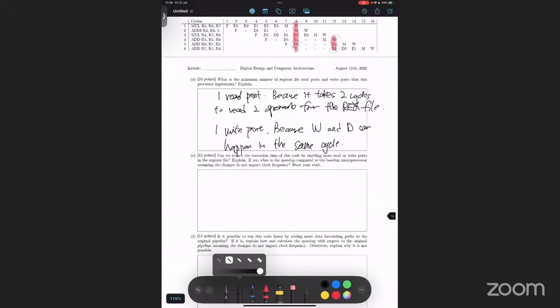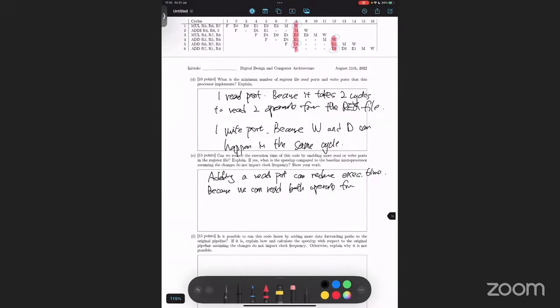So first, let's say adding a read port can reduce execution time. This is because we can read both operands from the RF in the same cycle.